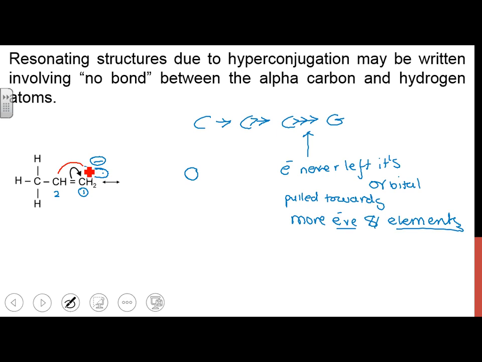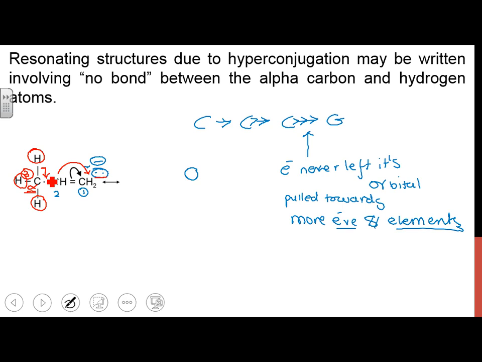Carbon number 2 has given away its electron pair to carbon number 1. Is that understood? Now, because of that, the alpha carbon, carbon number 3, which has 3 alpha hydrogens, one of the hydrogens will give its electron pair between these two carbon atoms.